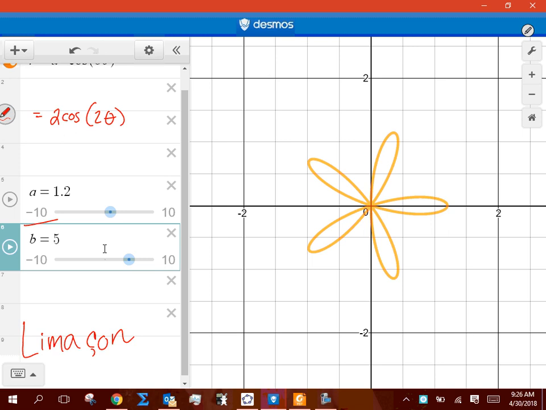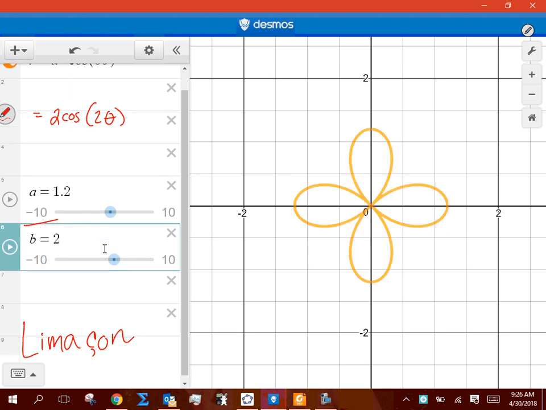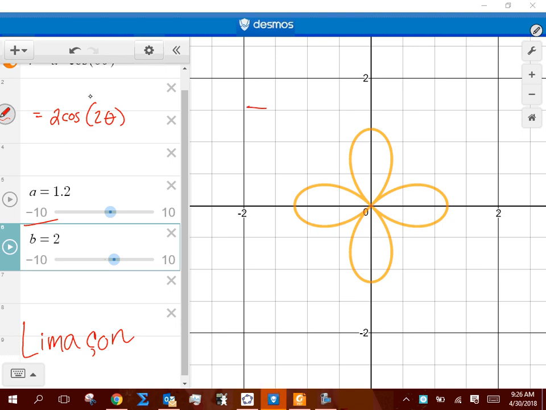So what happens here is that if I have just some number out front, I don't care what it is, call it A, cosine of, let's just say n theta. If n is even, you have 2n petals.